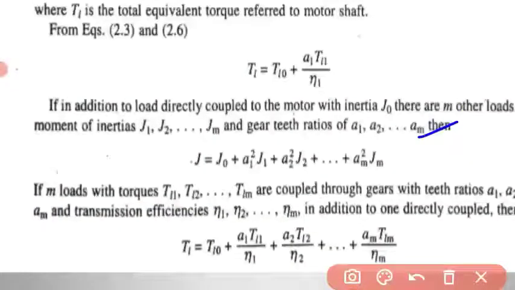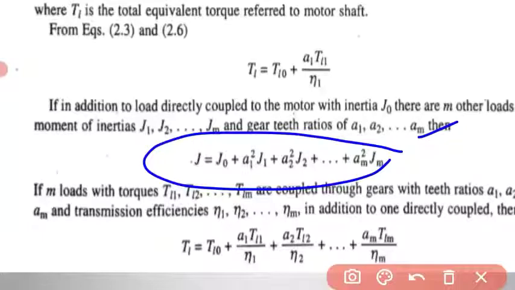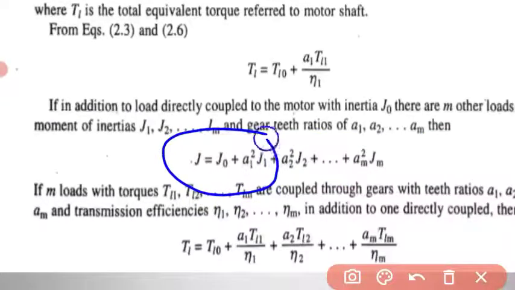Now we will get the moment of inertia as this. Earlier, with only one load coupled, we got J is equal to J naught plus A1 square J1.